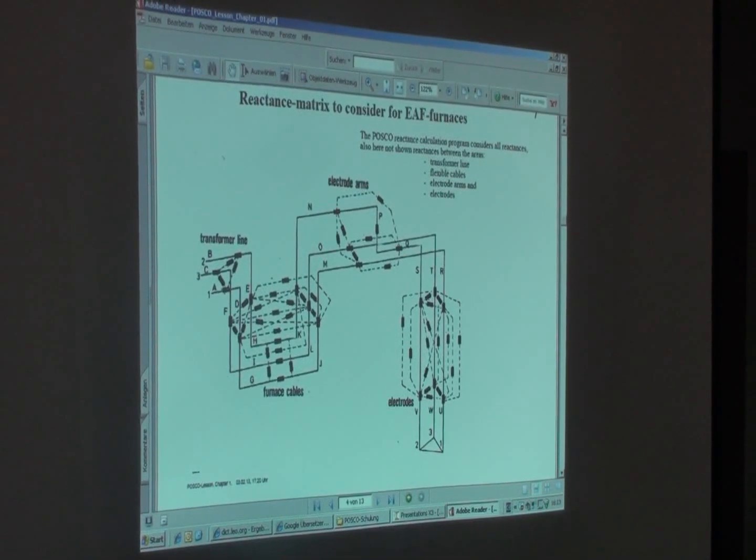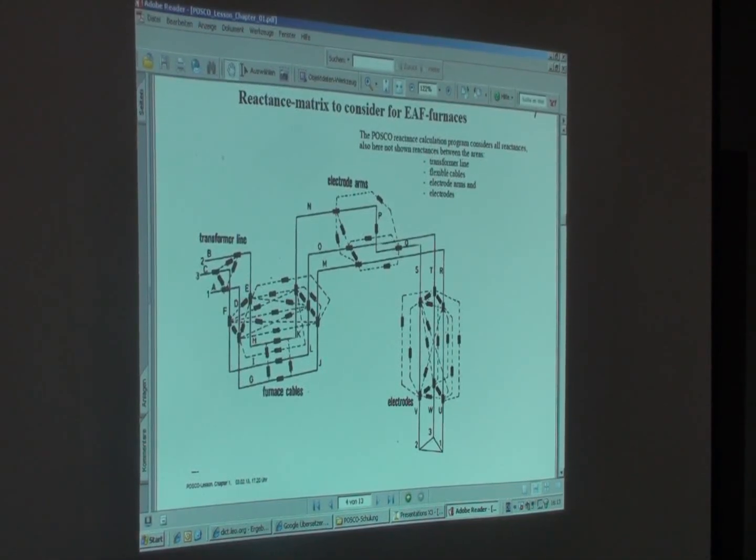If that is 10 millimeters or 100 millimeters or 200 millimeters, it's not so important. Why? Because they are so far away, and then it's not important if they are so and so. It's less influence. But you have to calculate. If you make a program, you have to calculate every situation.